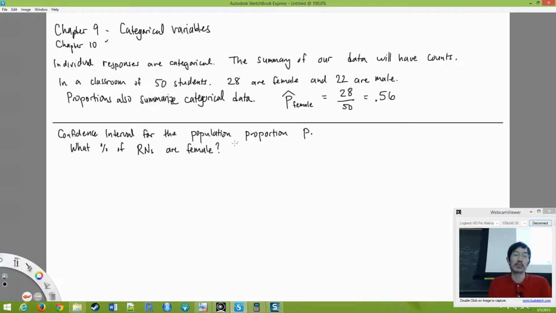What you're going after is the population proportion P that are female in the population of all RNs. So our population is all RNs, and the parameter of interest P is the proportion that is female.